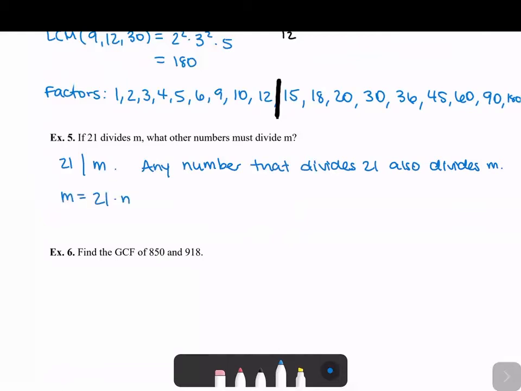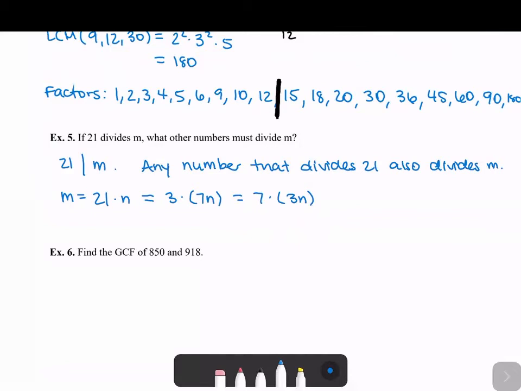Well, the factors of 21 are 1, 3, 7, and 21. So this can also be written as 3 times 7n, 7 times 3n, right? So we can rewrite this 21 as a product of its factors, and then we can see how any factor of 21 will also divide n.